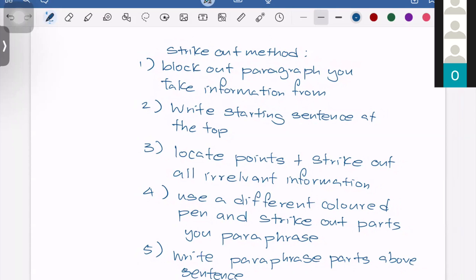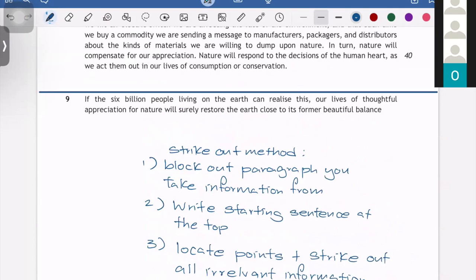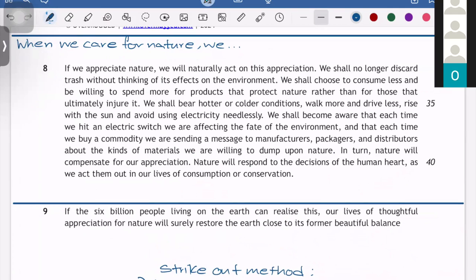I'm going to show you an example. The points that I want should be related to what we will do if we care for Earth, care for nature. So I'm going to start off by striking out all the irrelevant parts first.